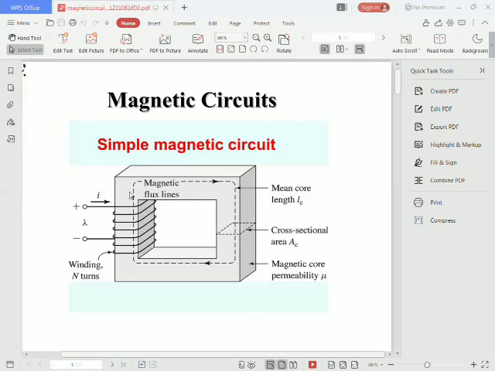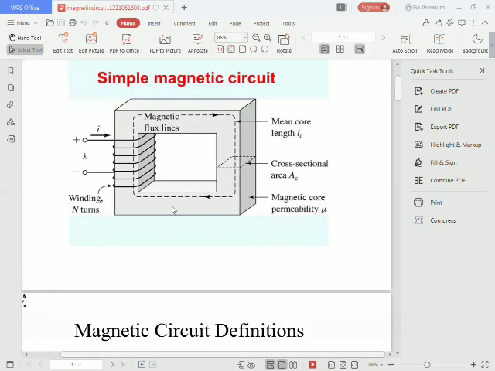The current flowing through this coil is I ampere. Due to this current flowing through the coil, a magnetic flux, that is phi, is established in the core. This flux completes its path through the core as shown in the figure. This is all about the magnetic circuit definition.